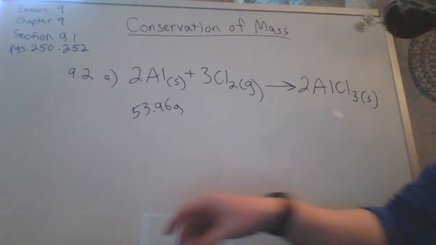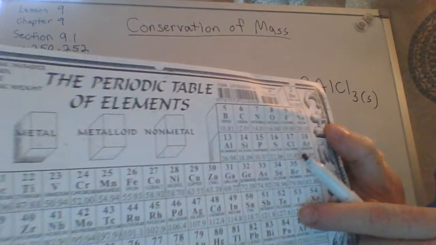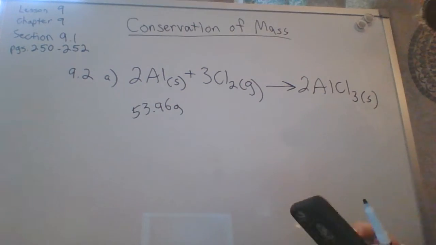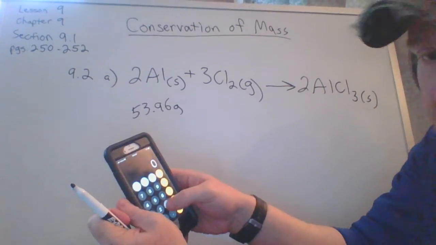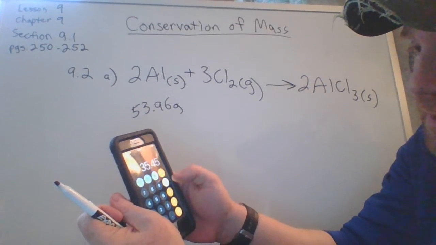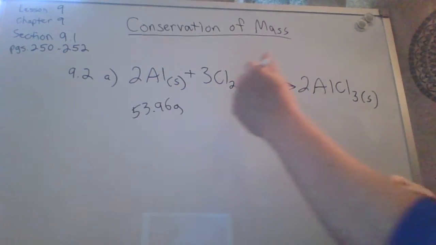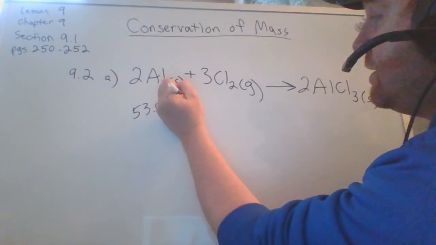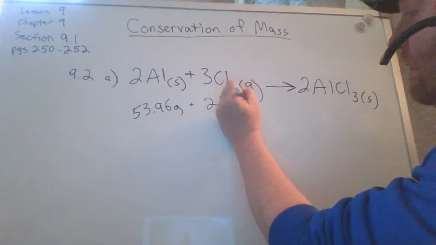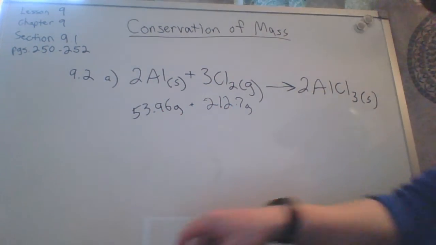So we need to look at our periodic table, look at the fact that chlorine is 35.45, multiply that by 6. 35.45 times 6 will give us 212.7 grams of chlorine. So this is the total mass of our reactants.